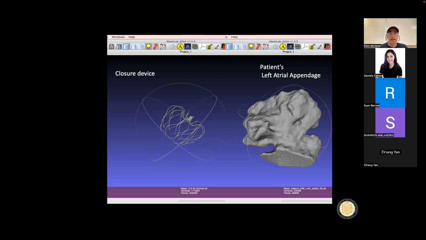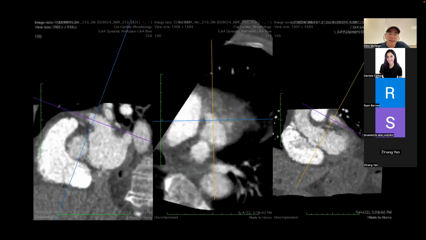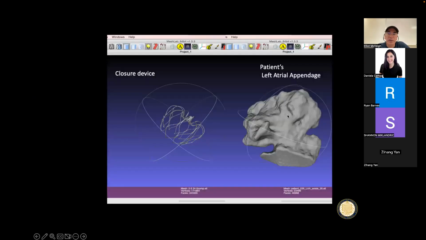It's placed under X-ray fluoroscopy by an interventional cardiologist who has been trained to put that thing in. CT, by the way, is used in every one of these cases. Well, is that true? For the Watchman? Let me step back on that one.